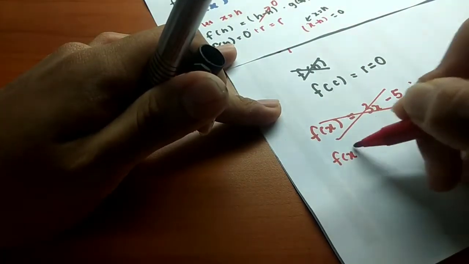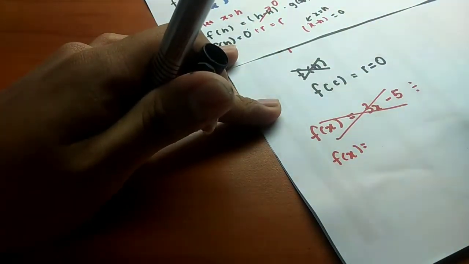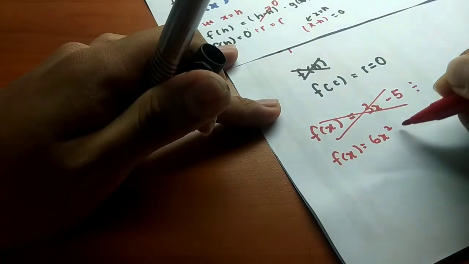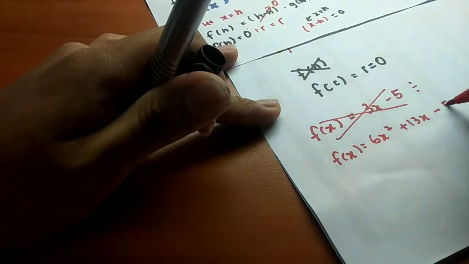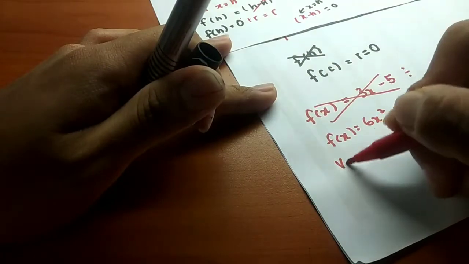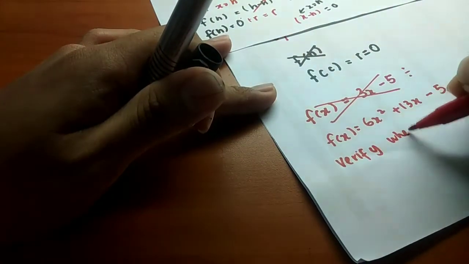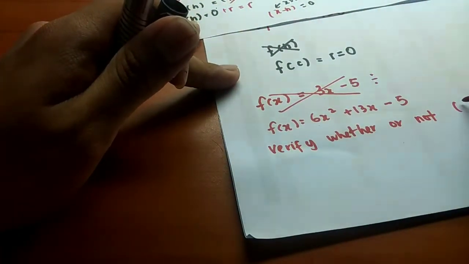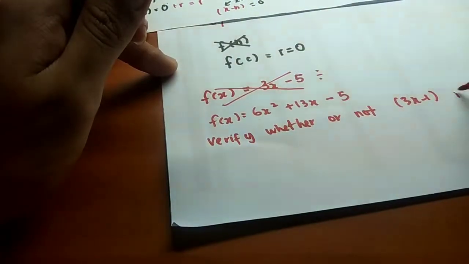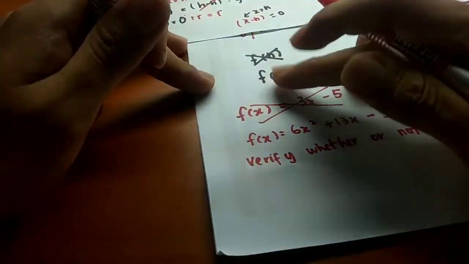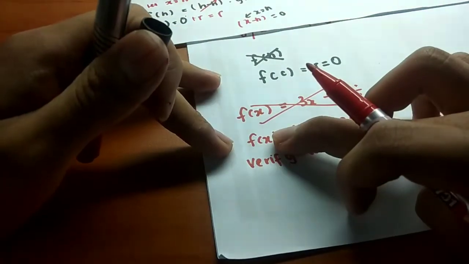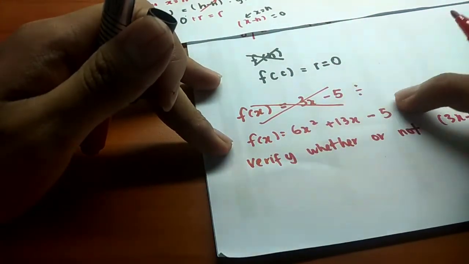So if you have f of x, for example, the quadratic function 6x squared plus 13x minus 5, and you need to verify whether or not 3x minus 1 is the factor. So remember, we have this f of c is equal to 0, so we need to substitute c. We do not know what kind of c, and will result to 0.